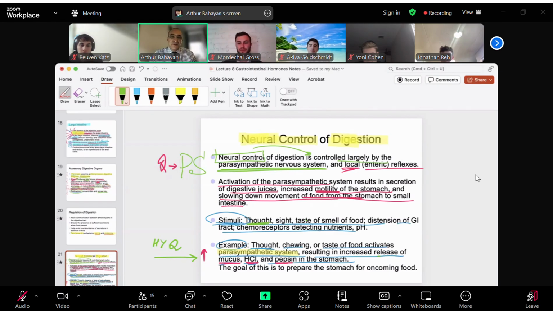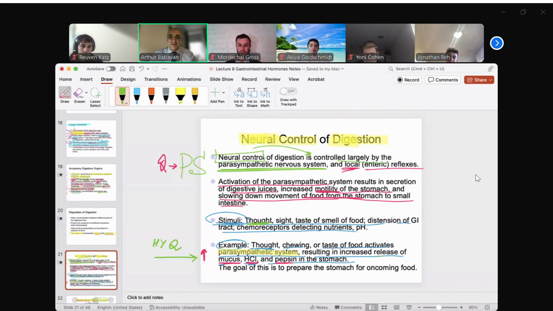Even if you just think about the food, slightly taste the food, or smell the food, all of that is involved in the process, especially chemoreceptors that detect nutrients and pH. When you are thinking about the food, chewing and taste activate the parasympathetic nervous system, resulting in increased acidity of the stomach, that is hydrochloric acid, and mucus and pepsin start to be produced in the stomach.